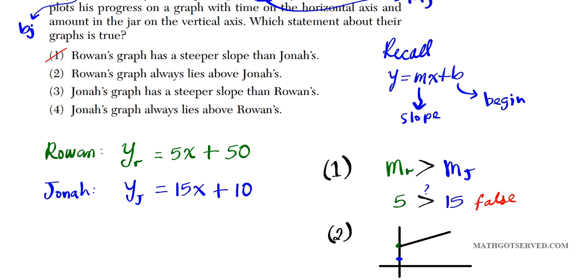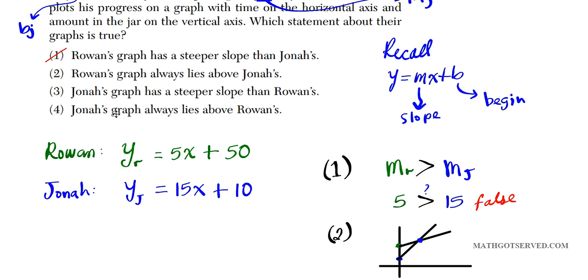So let's say this is Rowan's line with a slope of 5. Guess what? Jonah's line has a slope or a growth rate that's triple that of Rowan. So it's going to be steeper, just like this. So what does that tell us? At a particular point in time, Jonah's graph is going to be above that of Rowan, because it's growing faster.